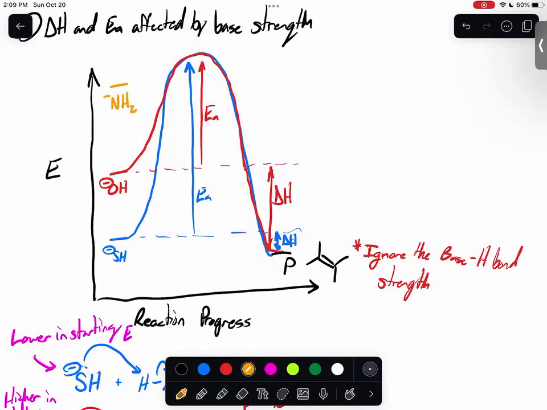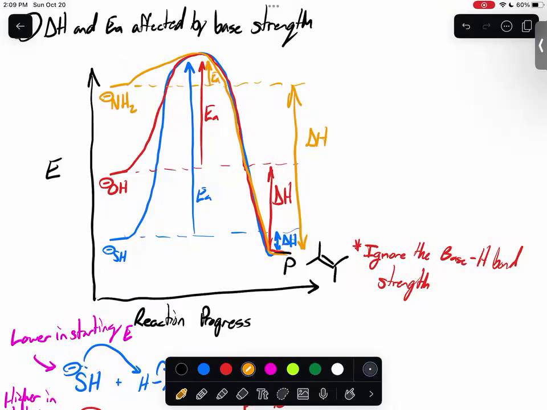This is even further exacerbated when we look at something like NH2 minus. Because here, keep in mind, it should have the exact same activation energy and the exact same product stability, but notice, or sorry, the exact same peak of the activation energy. But notice since it starts so high in energy, its delta H is huge. And then its activation energy is absolutely minuscule.